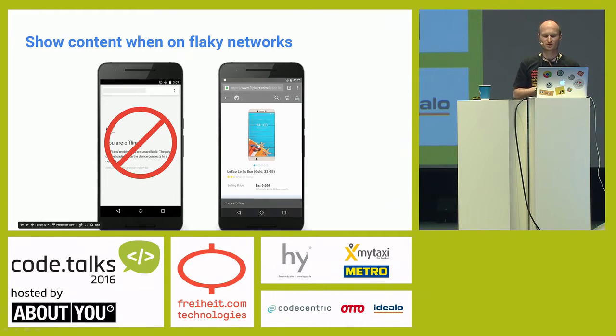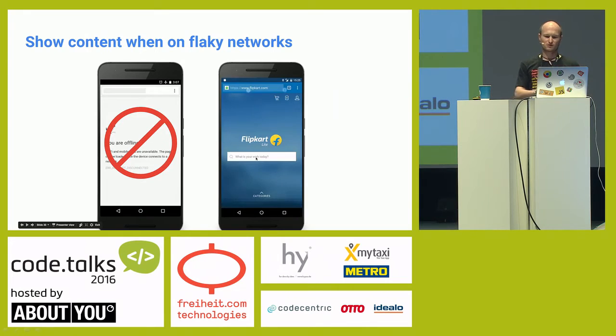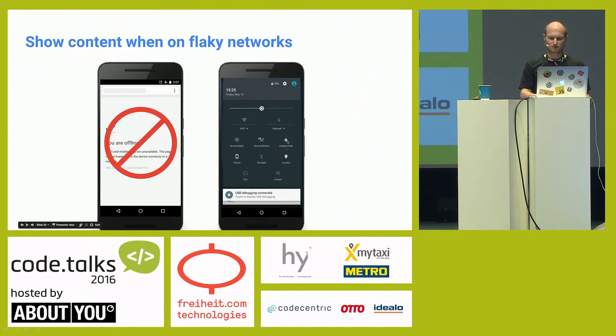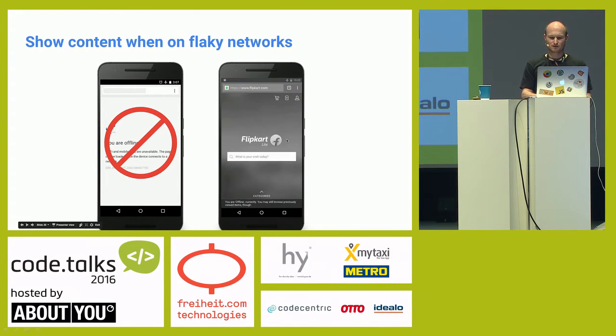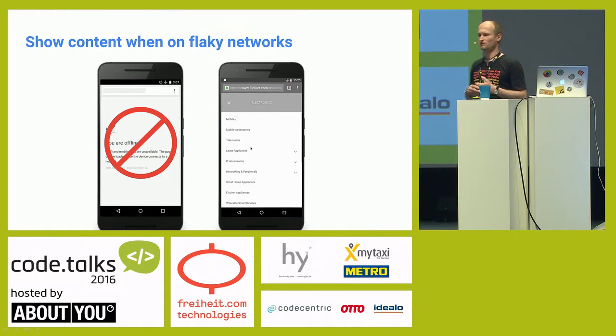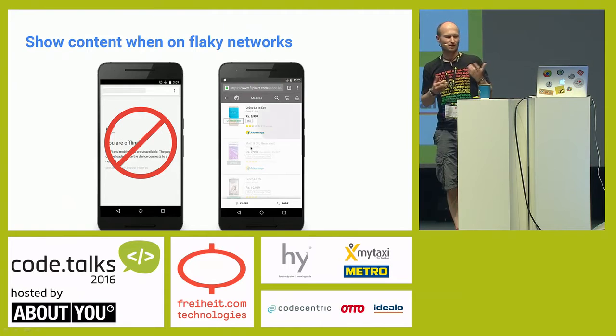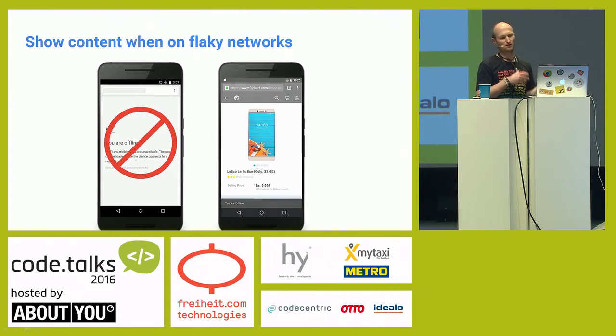So there's this phone, for example. And you may notice as soon as we activate airplane mode, like now, the page starts to get black and white. The application no longer is really online, but works offline with cached content.